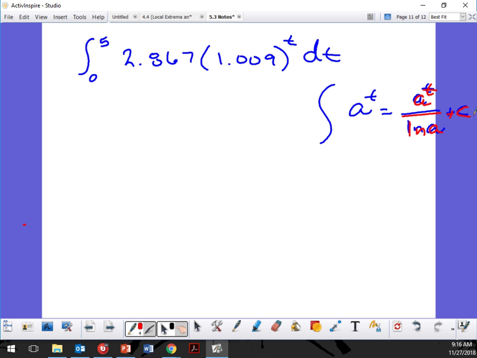But I'm going to have bounds on here. So do I use that plus c? No. Okay, so this number is a constant, right? That can go in front of it, can it? Yes.